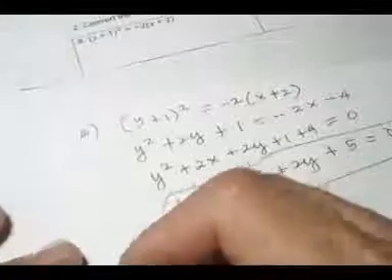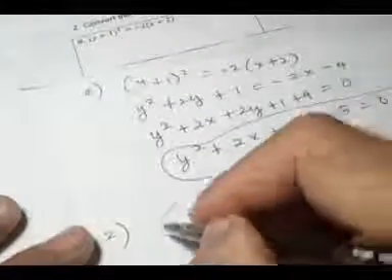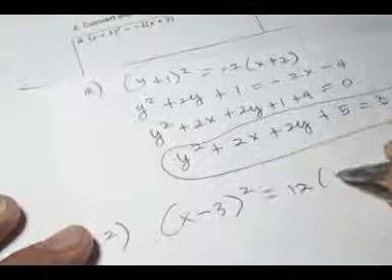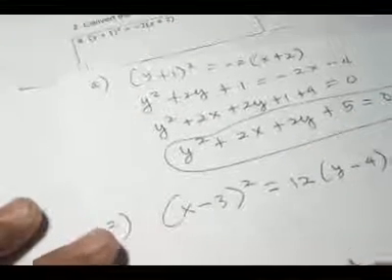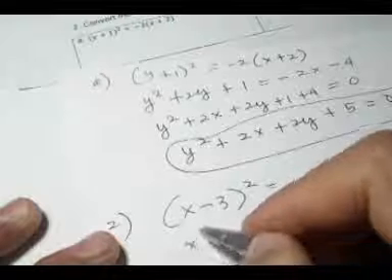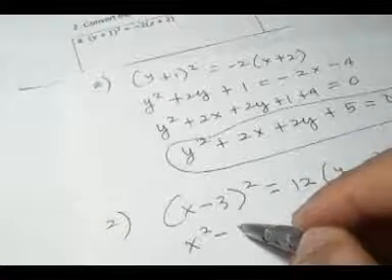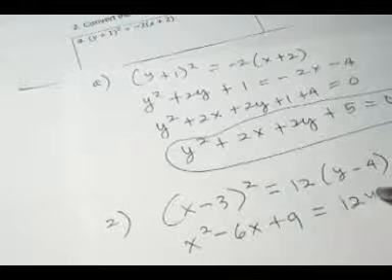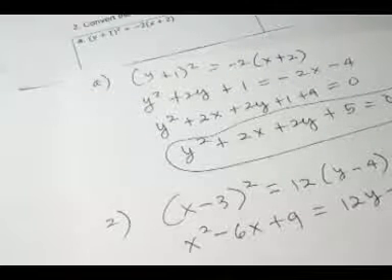For number 2, x minus 3 square equals 12 times y minus 4. Expand. X square minus 6x plus 9 equals 12y minus 48.